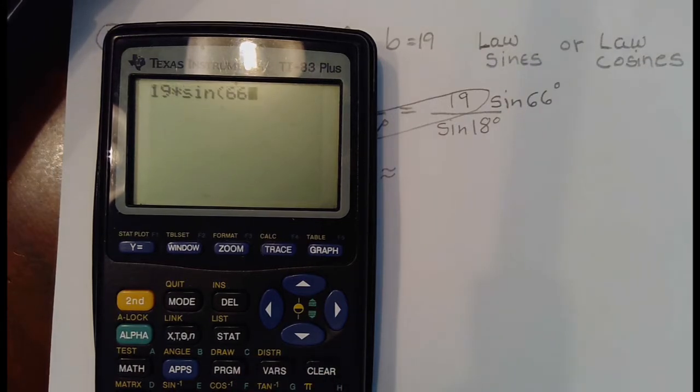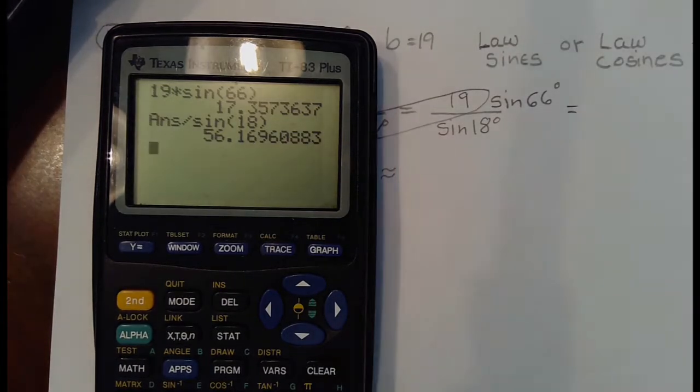My mode is in degrees. That's my numerator, divided by sine of 18. And I get 56. They've asked you to round side lengths to the nearest hundredths place. So that would be 56.17.